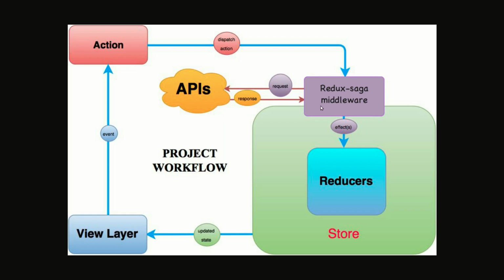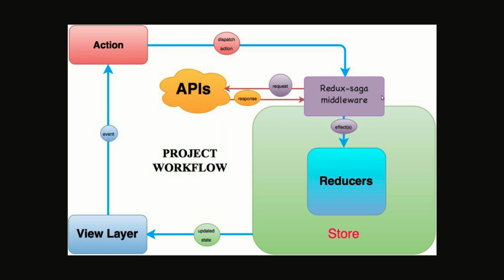After making the API request, I get some response, and I send this response to my reducer instead of the data coming from the view layer. This gives me the ability to perform this API request or any asynchronous action that I want, right here.